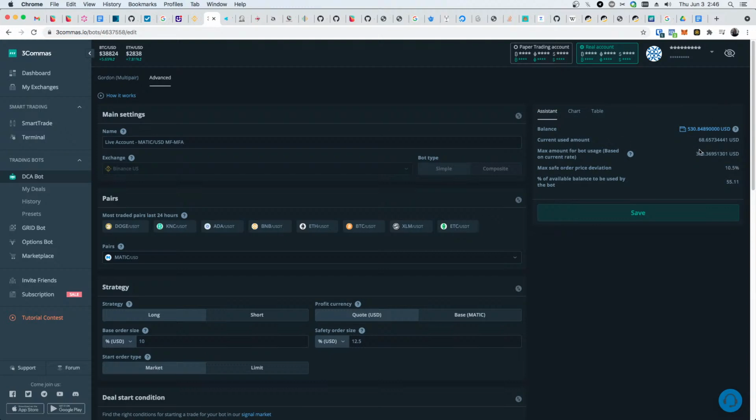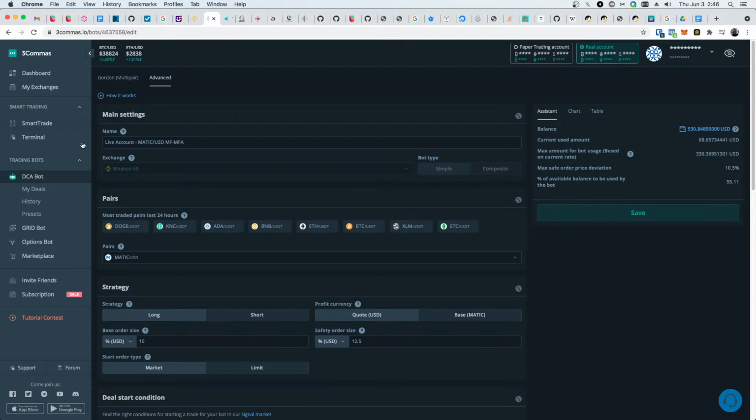So I've set this bot to use up to 55% of my account, so I'm not completely throwing my bag in there. And I have it set for a max of 10.5% price deviation in case we get something crazy, so it won't keep buying a falling knife on me.